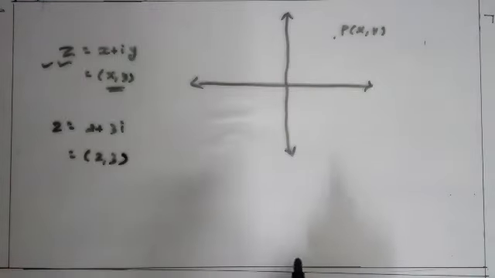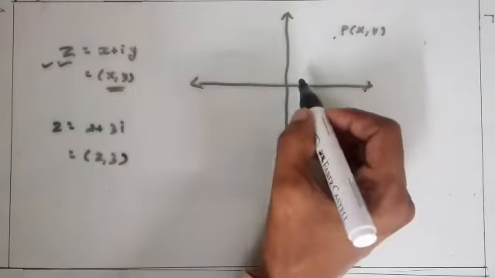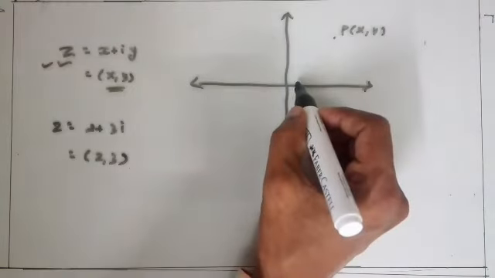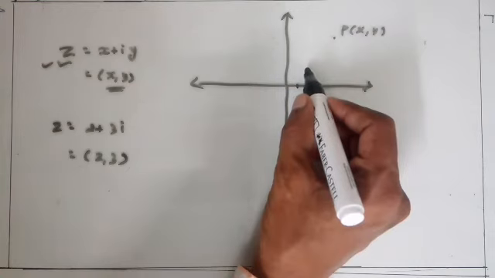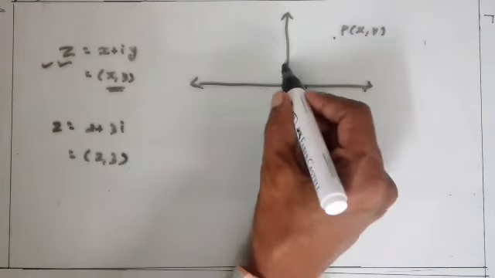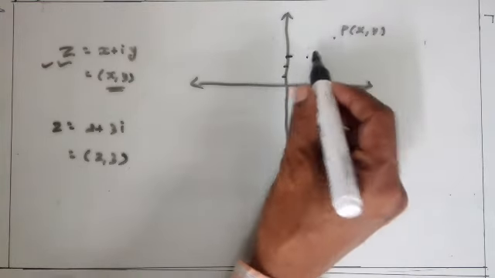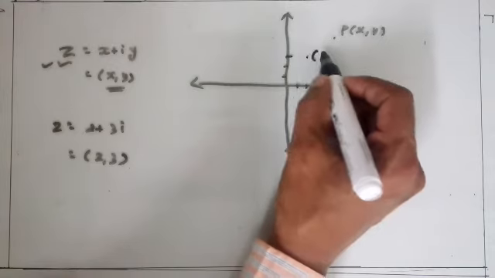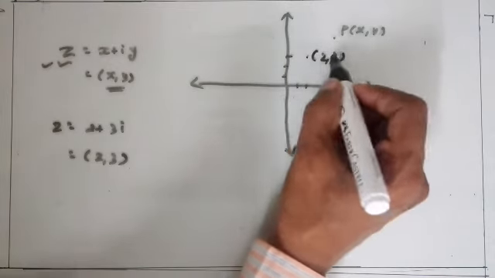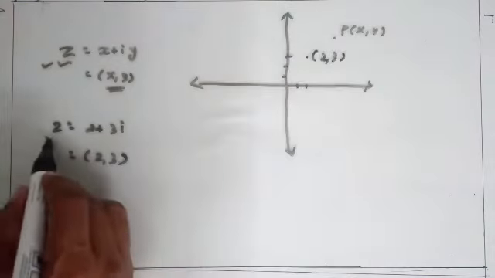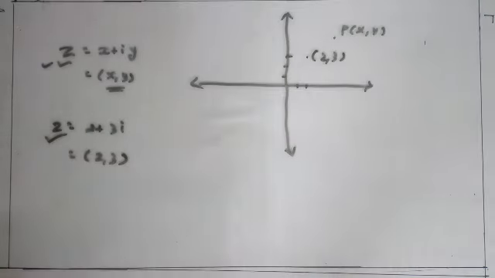The x coordinate is 2, so 1, 2. The y coordinate is 3, so 1, 2, 3. So this is the point (2, 3) corresponding to the complex number z. So remember this Argand plane: the plane which represents complex numbers is called the Argand plane.